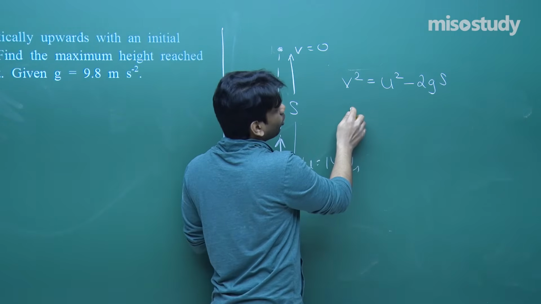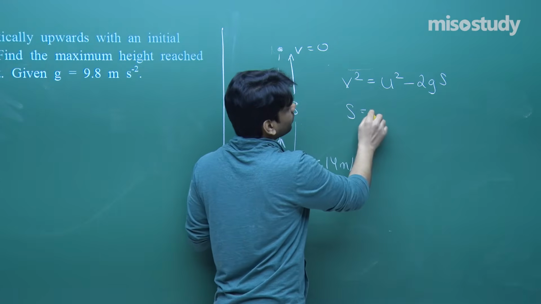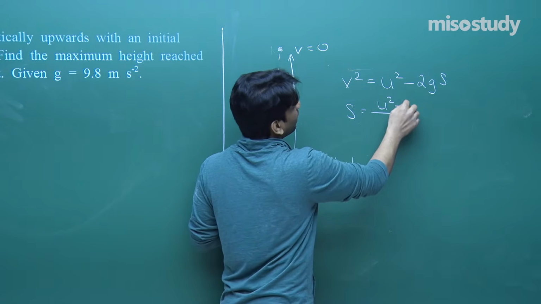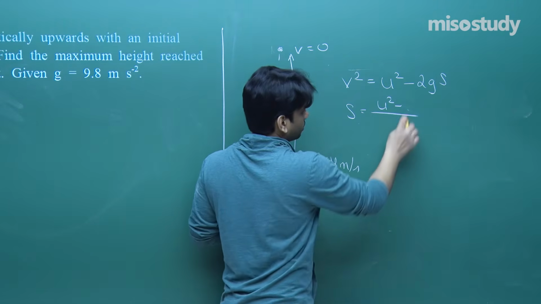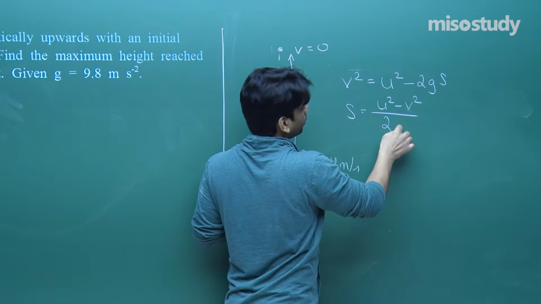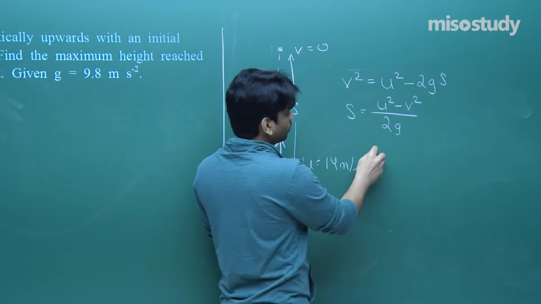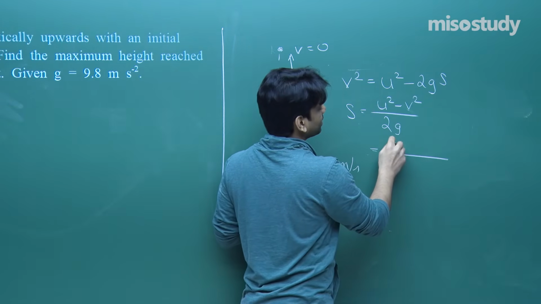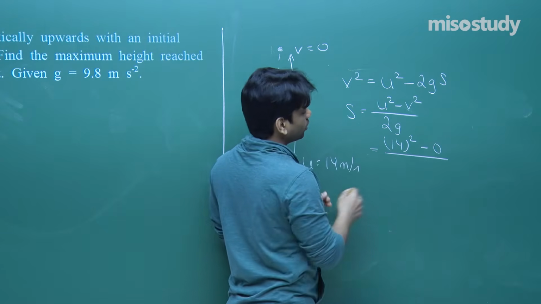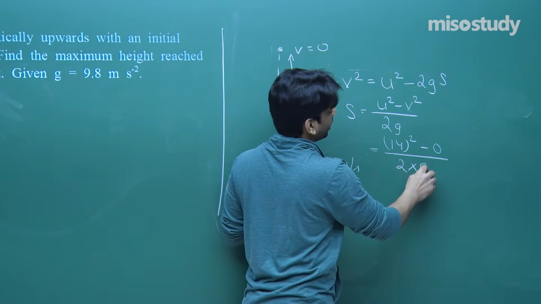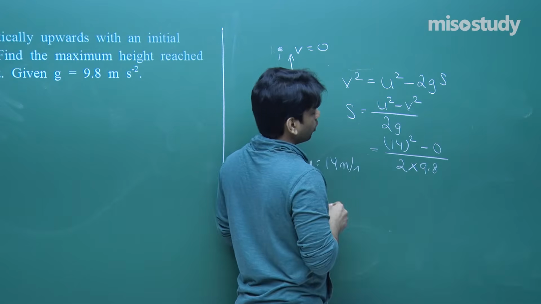So from here you obtain the value of S, that will be equal to u square minus v square divided by 2 into g. Let's put in the values. U square is 14 whole square minus 0 upon 2 into 9.8.